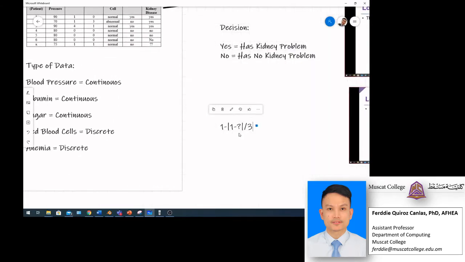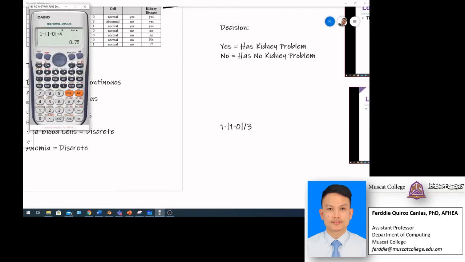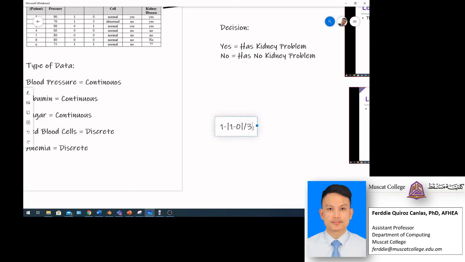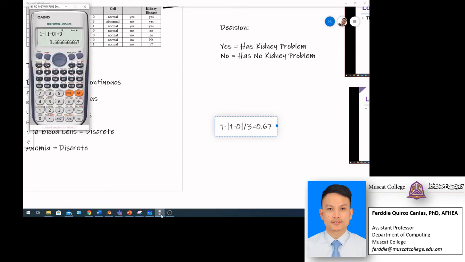It's 0, so replace this with 0. Go to your calculator, replace 4 with 3, then press equal. You will get 0.667.